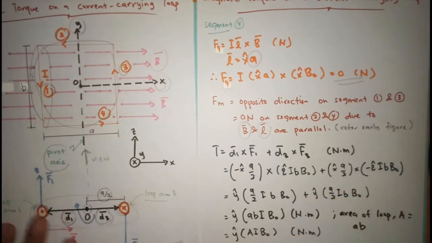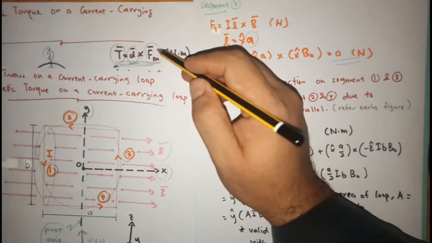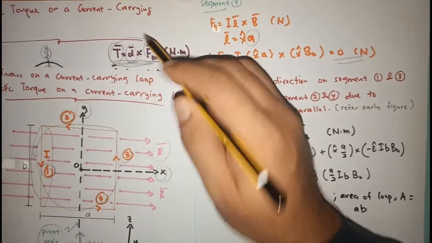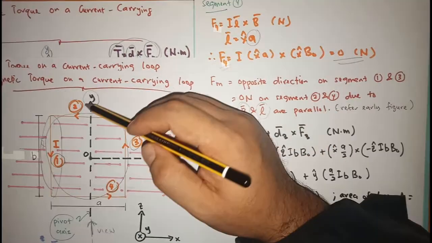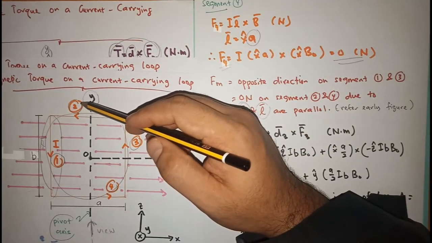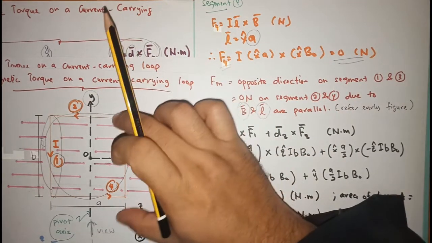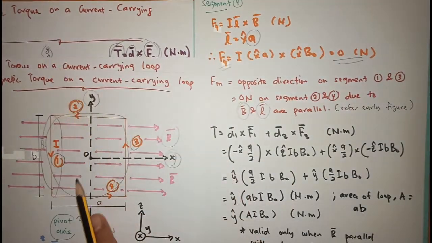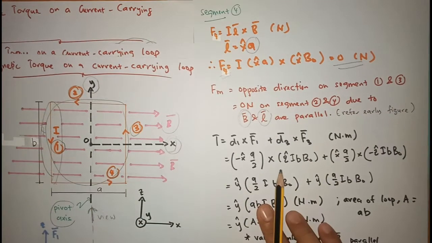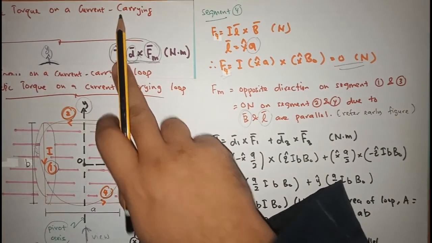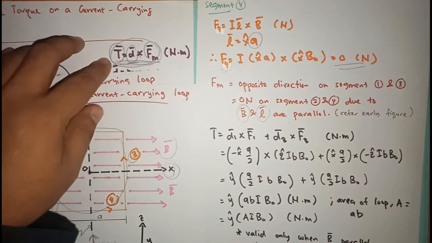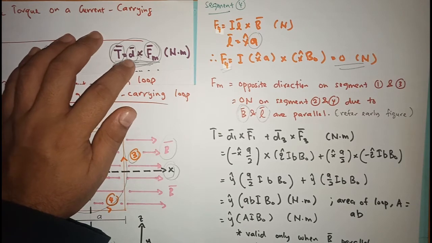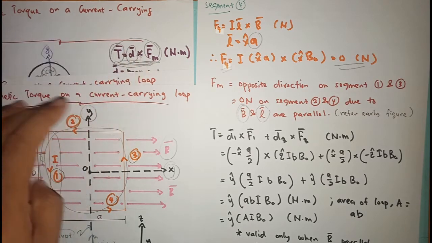So because of that, in order to find the total torque produced in this particular case, we can neglect the force produced on the second and the fourth segment. The torque produced will be the summation of the cross product between the vector D and Fm of each segment.